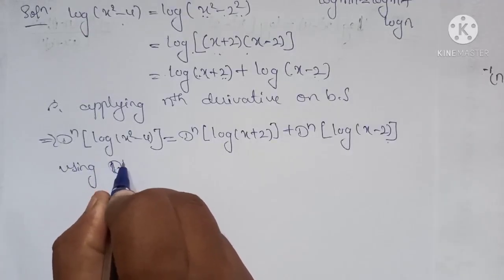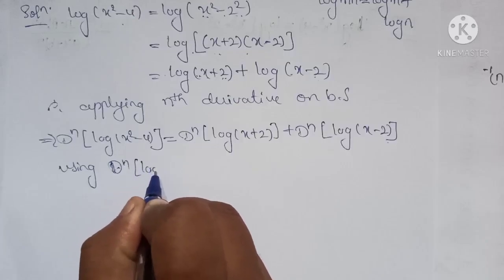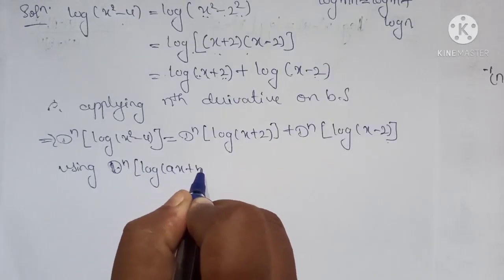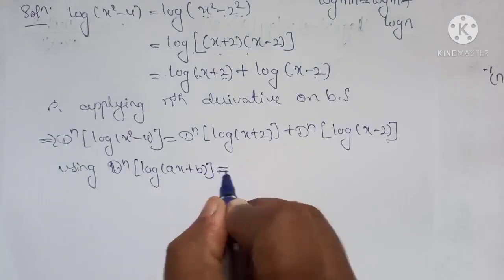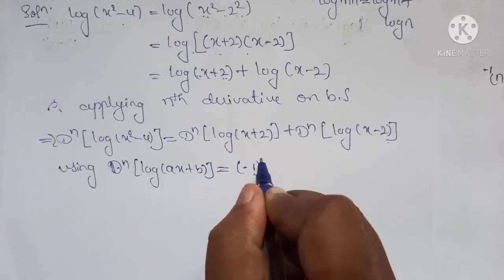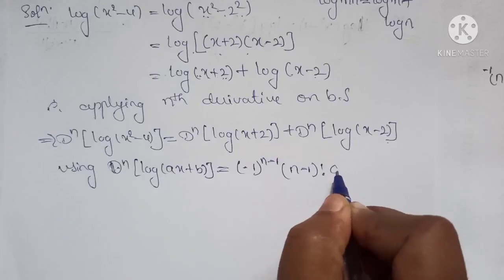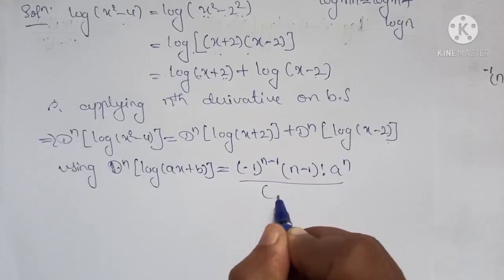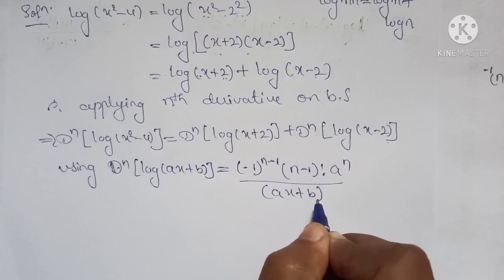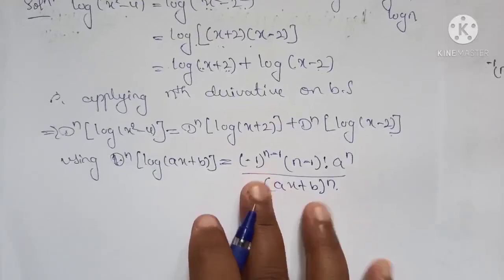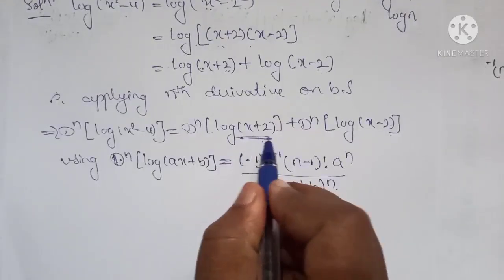this formula: the nth derivative of log of ax plus b is equal to minus 1 raised to n minus 1 into n minus 1 factorial, a raised to n divided by ax plus b raised to n. Using this one we can simplify.